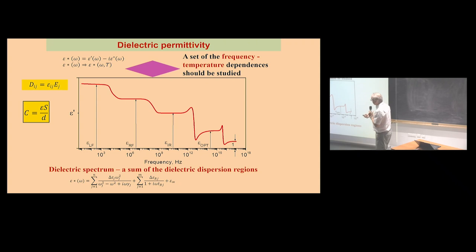Here is schematically shown the dispersion of the real part of permittivity. In the X-ray range you have relative permittivity 1, but then you have electronic transitions which enhance the permittivity. The square root of permittivity is the index of refraction. Then you have lattice vibrations, polar vibrations, contributing to permittivity.